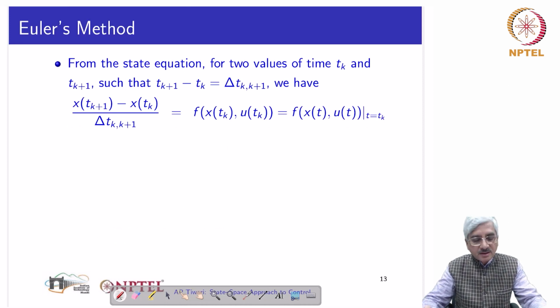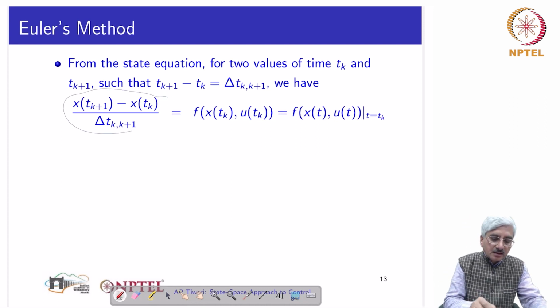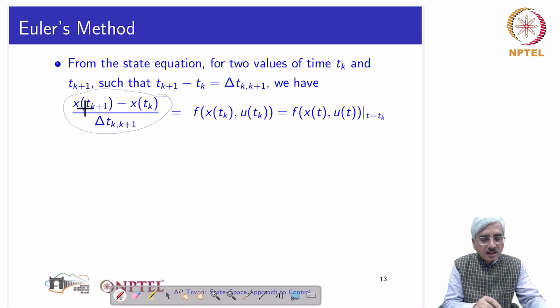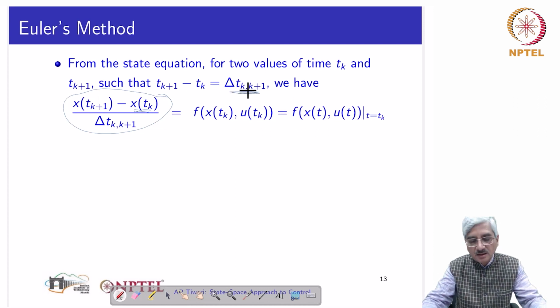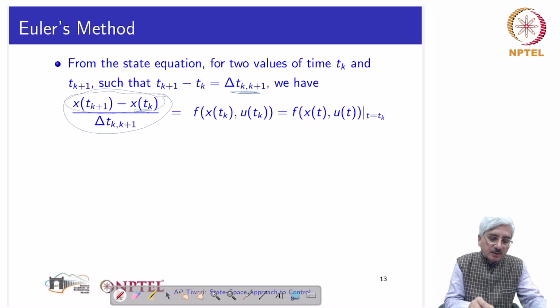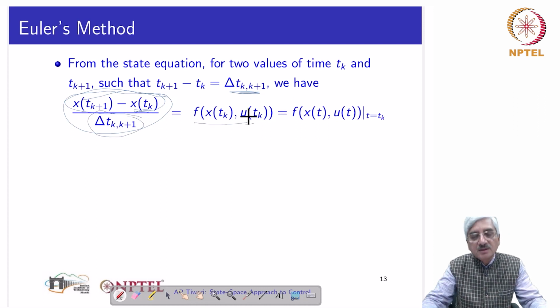The derivative dx by dt or x dot is represented by this: x at the time step tk plus 1 minus x, the state at the previous time step tk. Tk and tk plus 1 are separated by a small interval delta t. So the difference of the values of the state at two consecutive time instants, divided by delta t, is basically the approximation to the derivative.